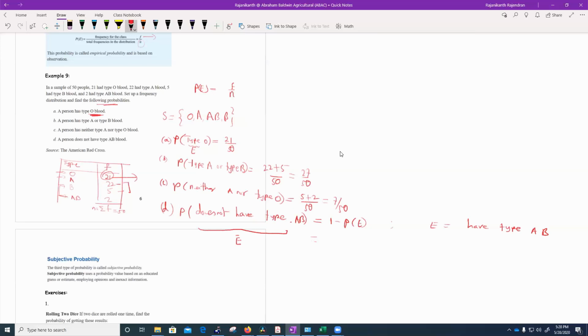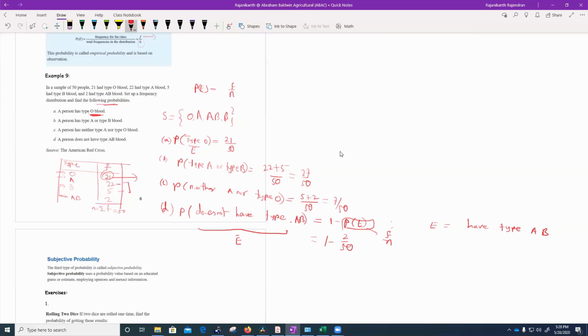How do I find that? The probability of E bar is 1 minus the probability of E, where my E is having type AB. What is my type AB? Type AB has 2 out of 50. So first find the probability of this event using the formula.